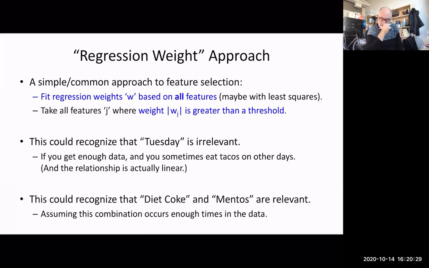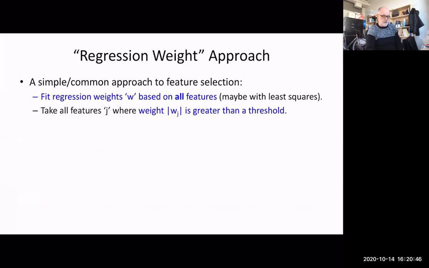And it could definitely recognize that Diet Coke and Mentos together are relevant, right? Provided that this combination occurs enough times in the data such that both have high regression weight simultaneously when making the prediction about whether or not one would be ill. Exploding stomach, I suppose.